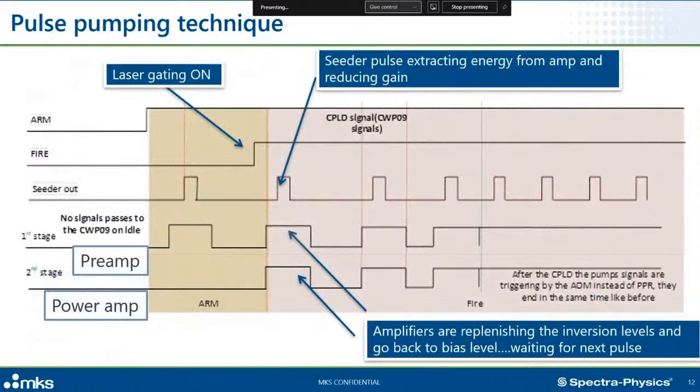So in our design, we went with a different technique, called pulse pumping. With the pulse pumping technique, we don't keep the current high or constant at low repetition rates. What we do is we pulse the pump and then we stop it.